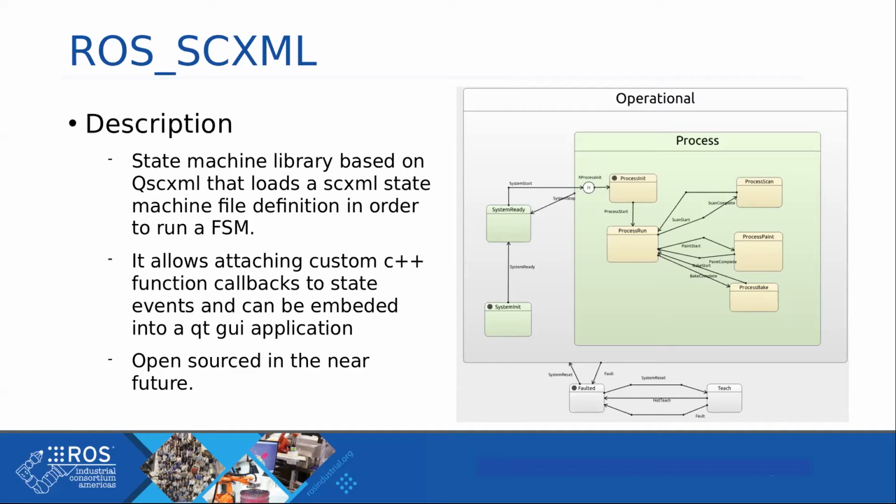We're using it on several systems right now, fleshing out some of the details, but the plan is to eventually open source this. Qt SCXML is already available, and you can start using it. The main things that we'll be open sourcing are utility functions around that to make it easier to integrate ROS systems with this platform.